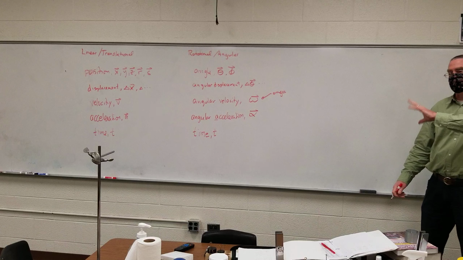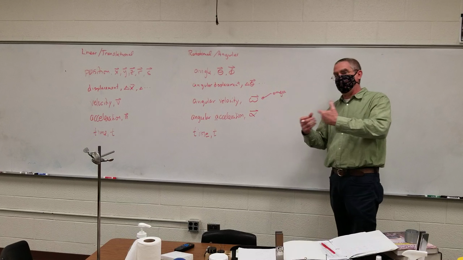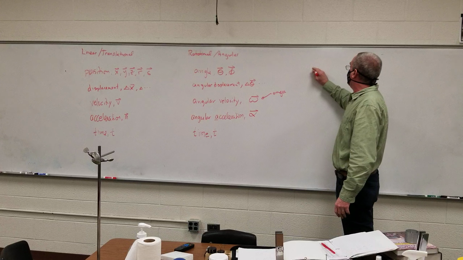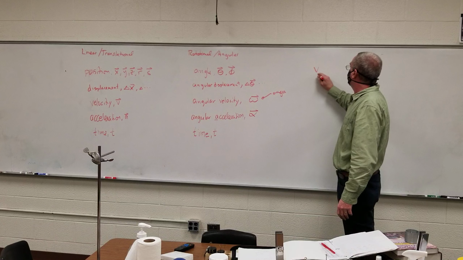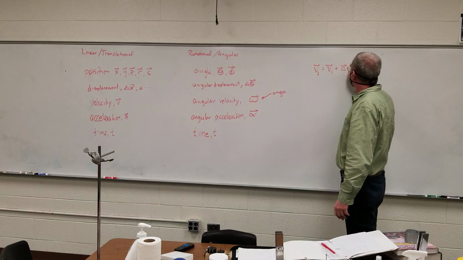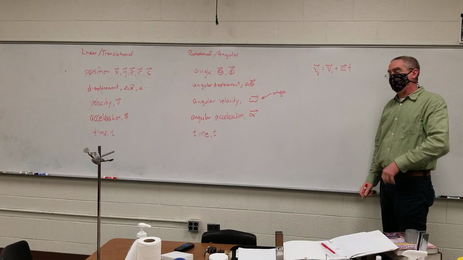Now there's going to be more to this list, but at least this is enough for us to show how we're going to double the number of formulas. So if I take one of the cake formulas, let's say Vf equals Vi plus At. The rotational analog of it holds.